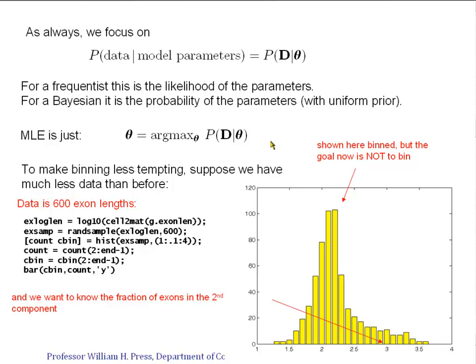Now I want to actually try this on a data set which you're less tempted to just bin, and so I'm going to make this data set sparser. I'm going to pick just 600 random exons from the several tens of thousands in the complete data set, and I'm doing that here. And I'm here showing you then what the data set is we're actually going to use.